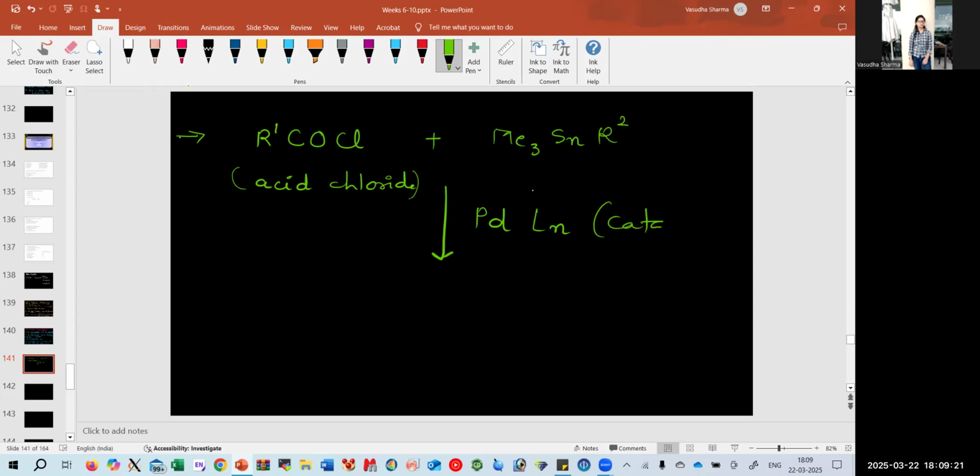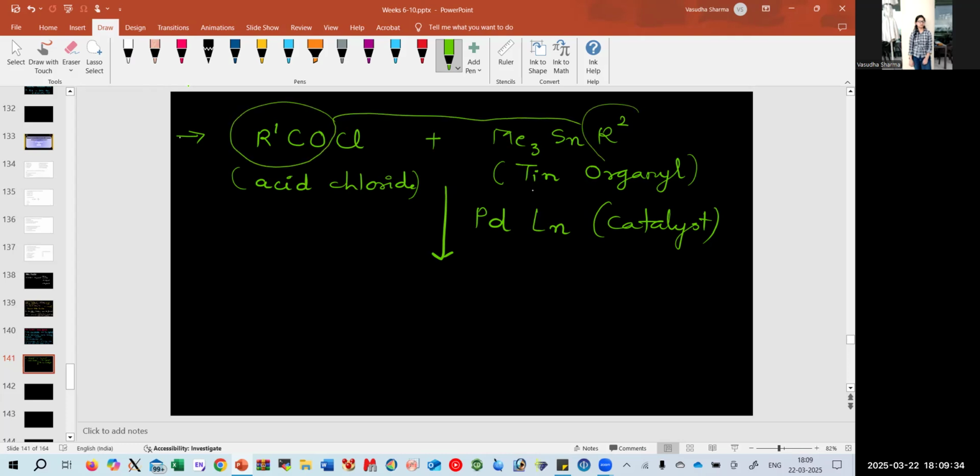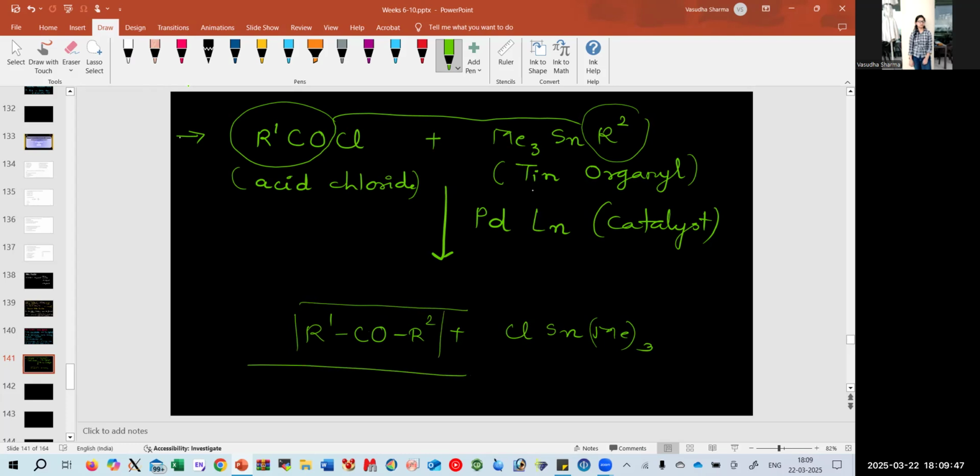This is your catalyst, and this is your tin organyl. So we expect that this part is going to couple with this part, and we will have R1COR2 plus ClSnMe3. This is the ketone, the second method of making the ketone without introducing carbon monoxide, but starting the reaction with the acid chloride. I hope this is clear.